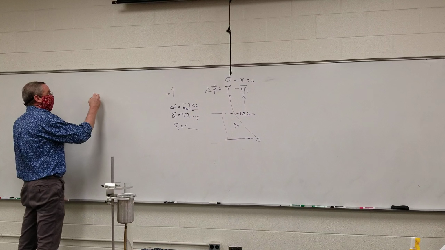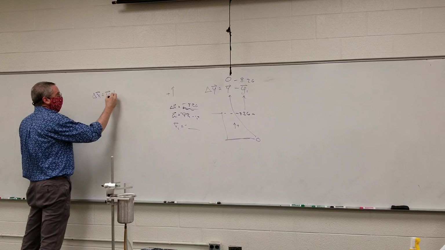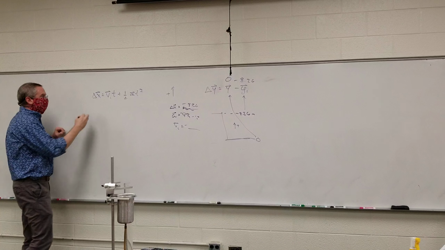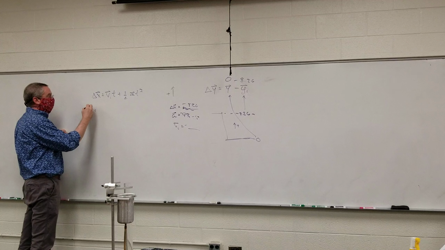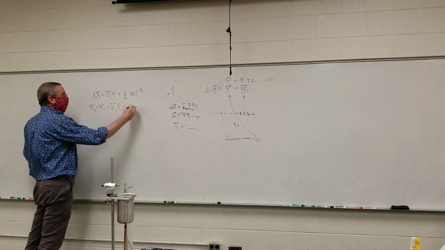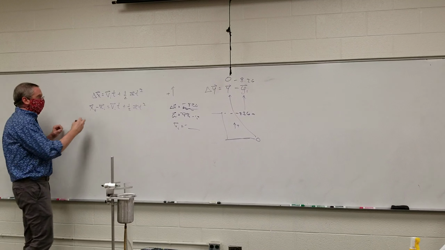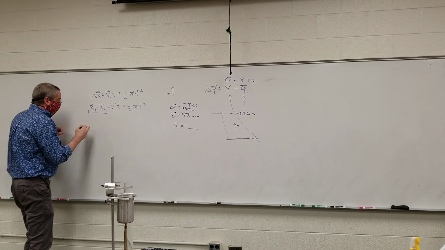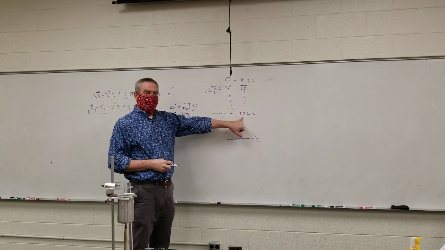All right, so delta x, we'll just take this one, VIT plus 1/2 AT squared, writing out one step more, instead of writing delta, x final minus x initial is equal to VIT plus 1/2 a t squared. So this right here is my displacement, the whole thing. In the problem, I can make this 0 and make this 8.26.